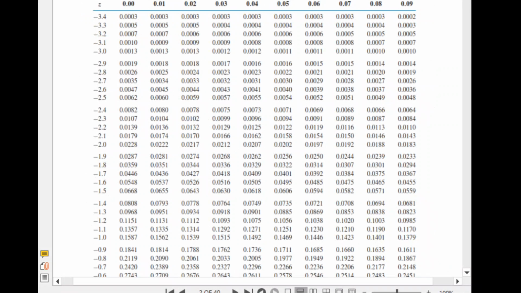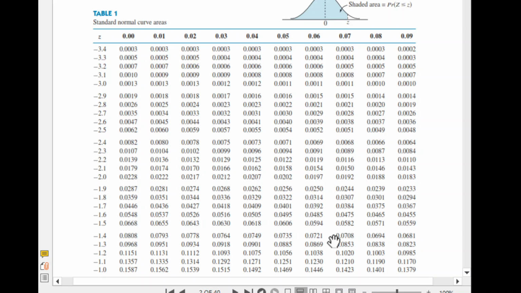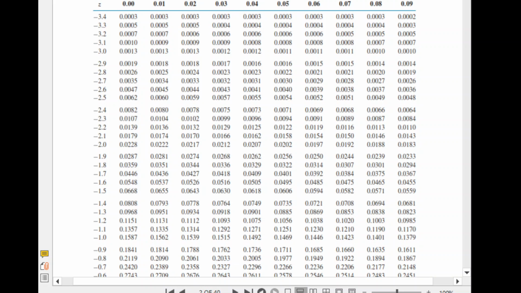Let's look for the value. We are looking for negative 1.75: negative 1.7 and 5. That's 0.0401.